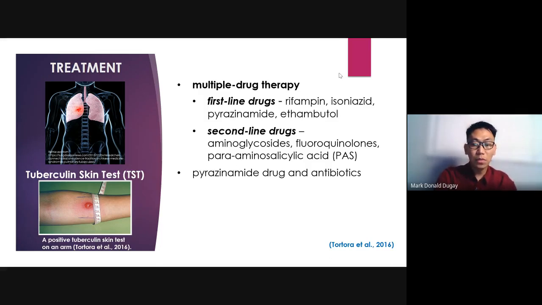Unfortunately, problems arose regarding cases of TB that are caused by multi-drug resistant or MDR strains. These were resistant to the first and second-line drugs, leading to extensively drug resistant XDR, which was untreatable and emerging worldwide.